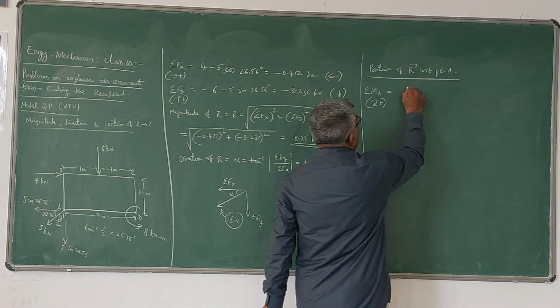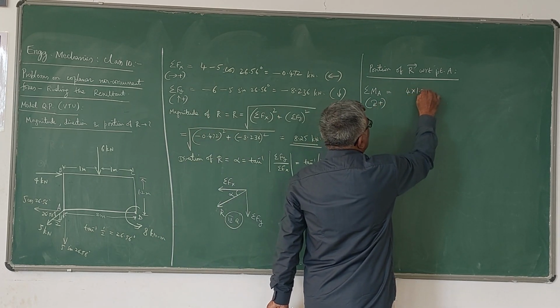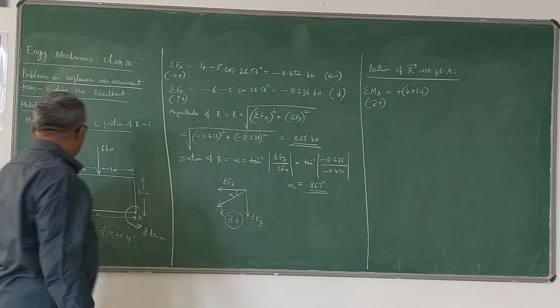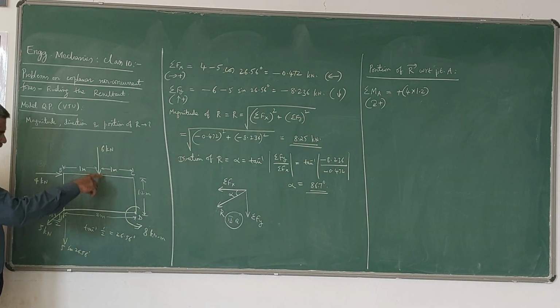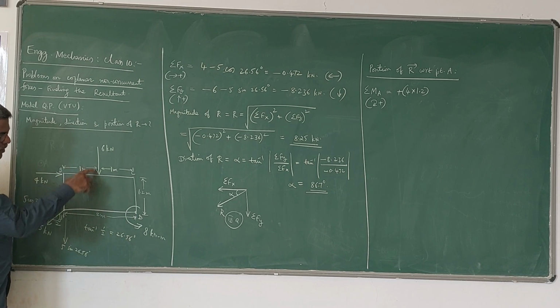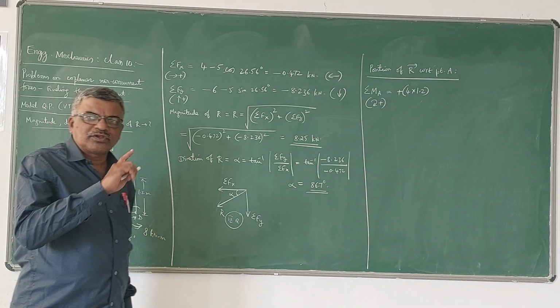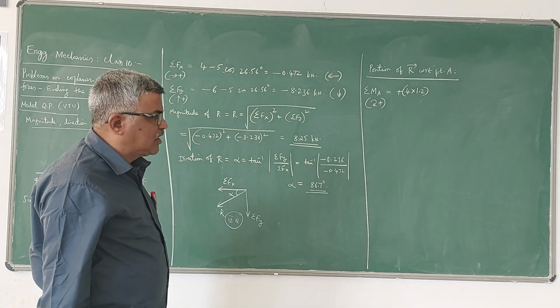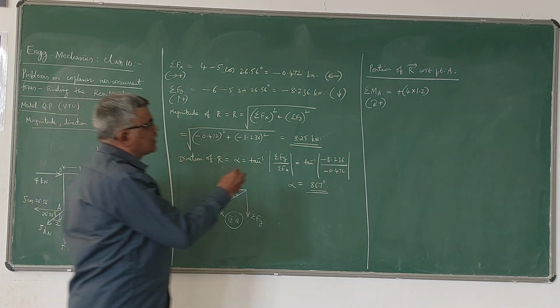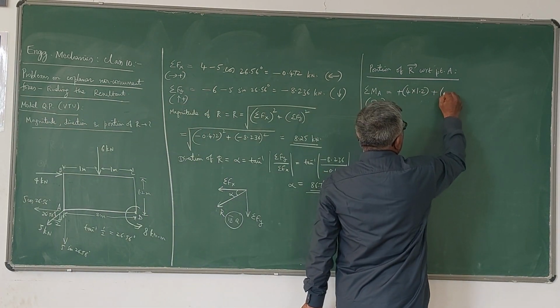So 4 into 1.2, this is the clockwise moment about the point A for this force 4 kN. Then the 6 kN is also giving a clockwise moment about the point A. Distance is 1 meter. Please note that for horizontal forces distance is vertical, for vertical forces distance is horizontal. So plus 6 into 1 meter.